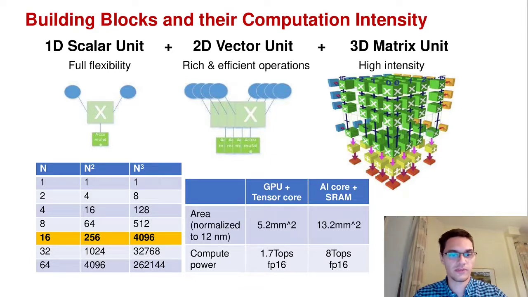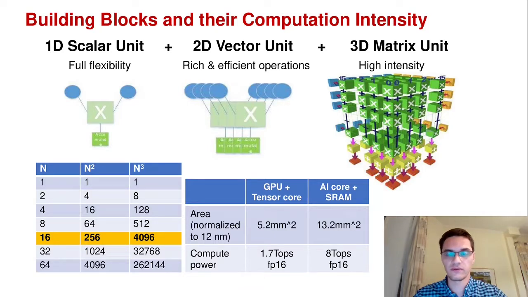It has 3 types of compute units inside. The first is the 1D scalar unit, which is standard for CPU cores. The second one is the 2D vector unit, which is the one that helps to compute activations inside the neural network, for example.